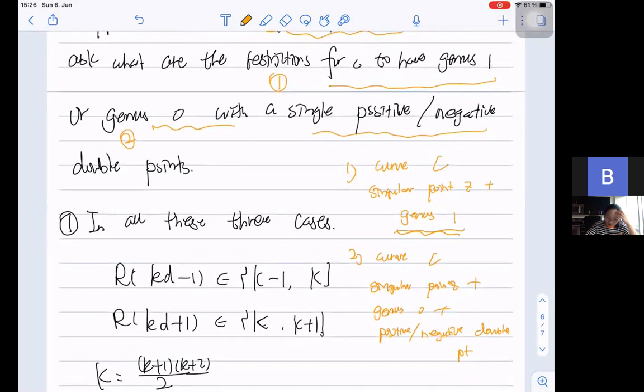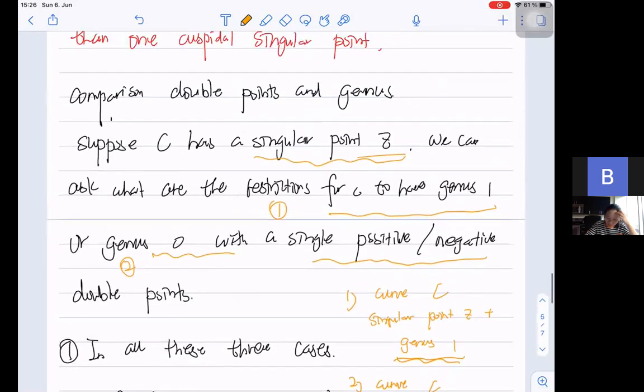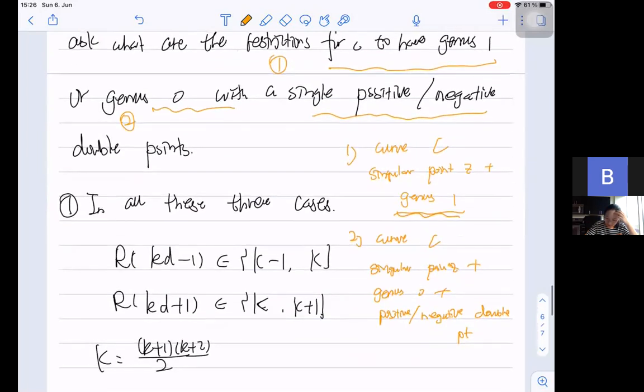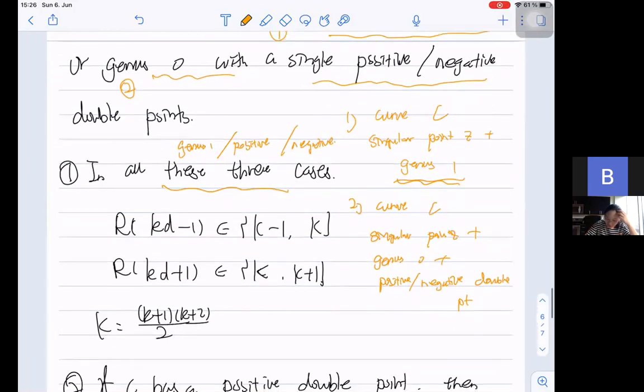So an abstract comparison for these possible obstructions is the following. In either case, in these three cases, genus 1, positive double point, or negative double point, they all need to satisfy the following restriction. Recall that this R is a function from Z to Z, and you can regard it as a knot invariant, and this knot is really just the link of the singularity.